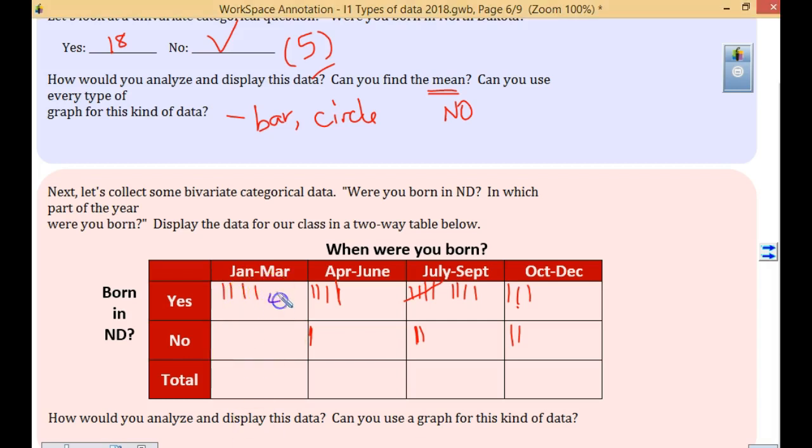So we would say that there was 4, 0, and the total of 4 people in our class born in January to March. April to June, this was 4. We had 1 that was not born in North Dakota for a total of 5. Here we had 9, 2, 11. And we had 3, 2, 5.